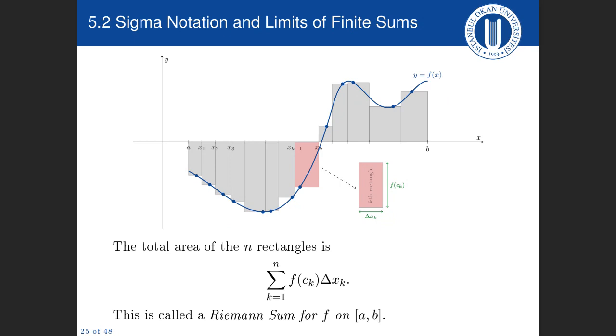And then we can add these areas together. We get the total area of n rectangles. The sum from k equals 1 to n of the height multiplied by the width, f of ck multiplied by delta xk. This is called a Riemann sum for f on the interval from A to B.